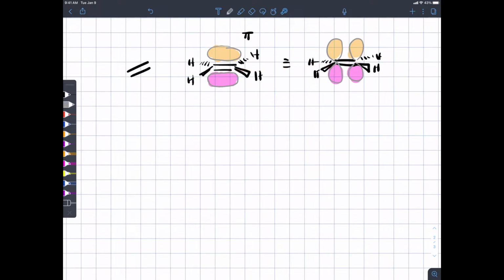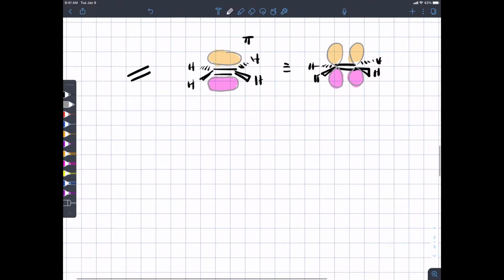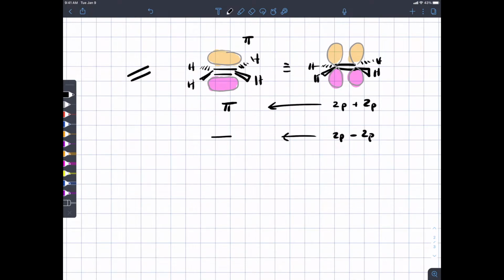MO theory says that when you mix 2 atomic orbitals together to get a new pi orbital, so we're mixing 2 of these 2p orbitals and we're getting a new pi molecular orbital, you must also do the minus combination, and that gives you the pi star, which is the antibonding orbital.